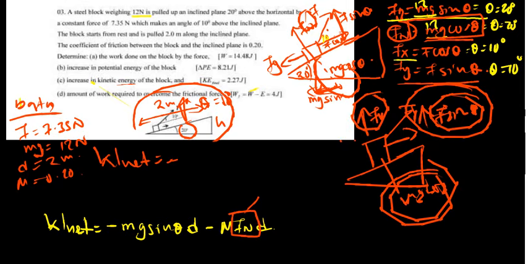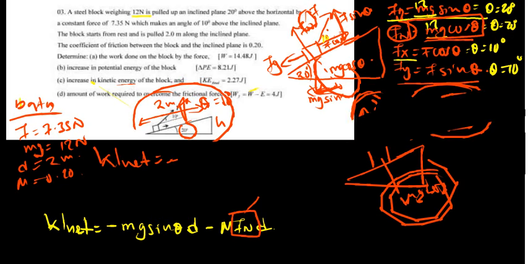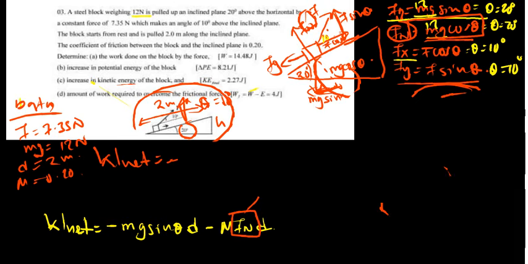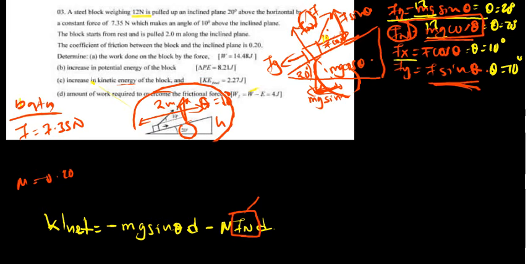Then that will be your Fn, when the block is applied at an angle. Have you gotten the point, sir? Okay. So let's continue. So we are saying that our work net is going to be equal to what?